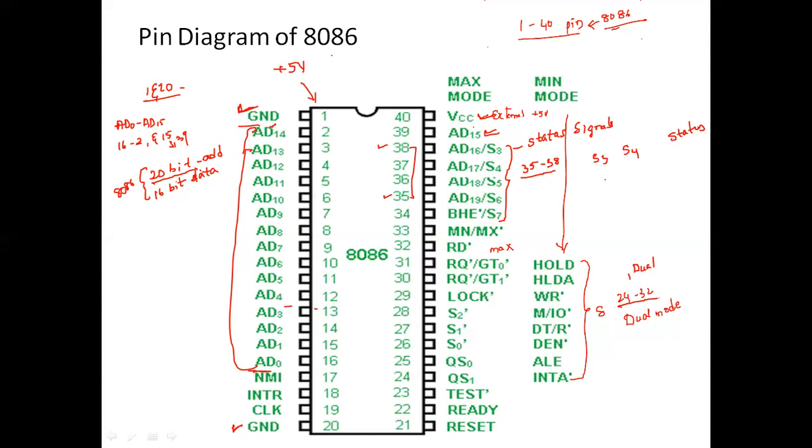If S3 is 0 and S4 is 0, the status is extra segment. 0 and 1 means stack segment, and 1 and 0 means code segment, or we can say it is in idle state. If it is 1 1, it is the data segment. So we have the status for the S3 and S4 signals.